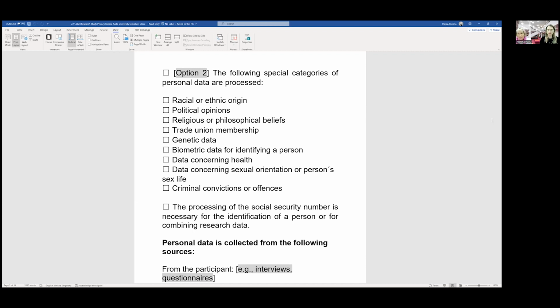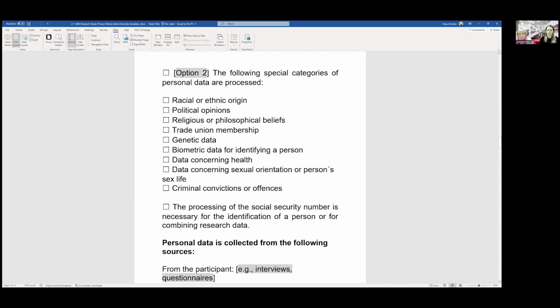So many of the studies concerning, for example, immigrants could be handling special category data. And then data concerning sexual orientation or a person's sex life. So, for example, any research that is especially centered on sexual minorities would be special category data.